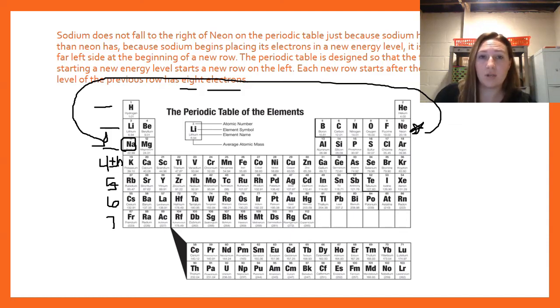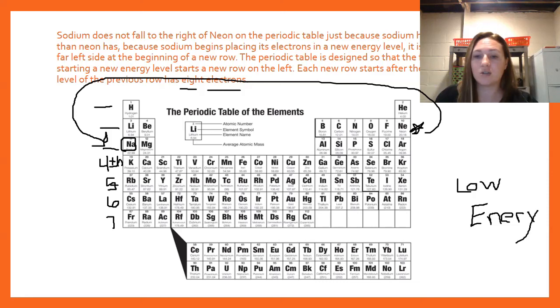Remember how we did sodium and then we moved on to potassium, 4th energy, so 4 energy levels, but we still didn't fill the whole 3rd one because we needed to have it at its lowest, remember, lowest energy level first. Okay, low energy. It all sounds a little confusing, but it makes sense if you think about the sections being further away, if you remember how our seating chart was.